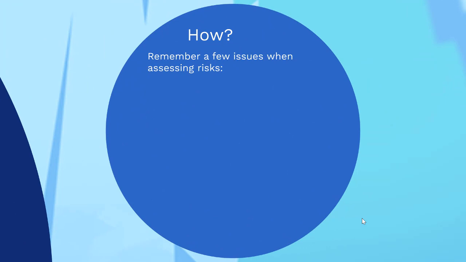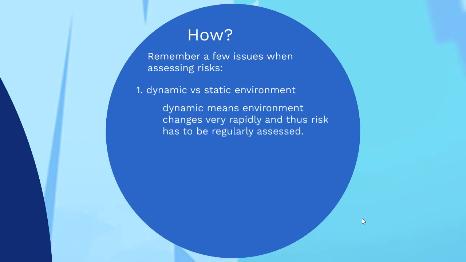So how do we actually assess risk? Now, there are two things that you have to take note of. One, whether the environment is dynamic or static. A dynamic environment means it changes very, very fast. A static environment is very stable and does not change much. And when a dynamic environment is present, because of the rapid change, a lot of things will be very different.